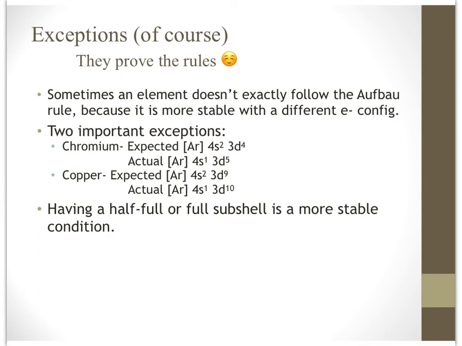When we start to talk about transition metal ions, like why iron can be +3 or +2, or why copper can be +1 or +2, we're going to come back to this electron configuration idea. So this is just a little preview of exciting things to come.